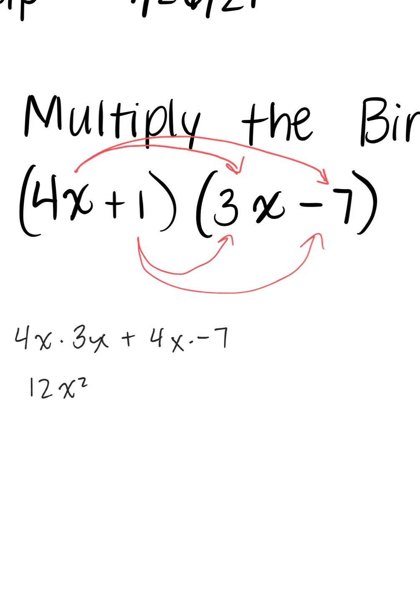So 4x times negative 7. What do I get there? Negative 28x. Good. Angelina P., what's my next term? 1 times 3x. And that just becomes 3x. Gianni, what's my last term?